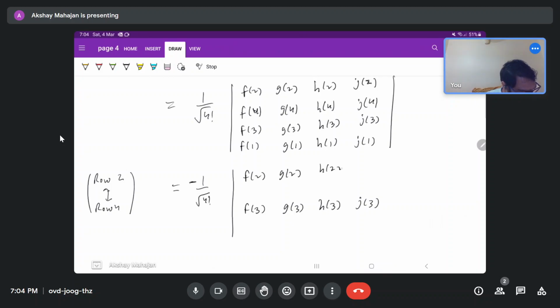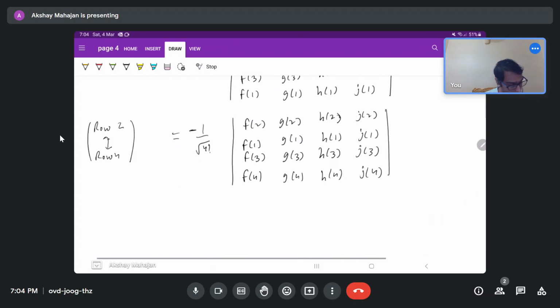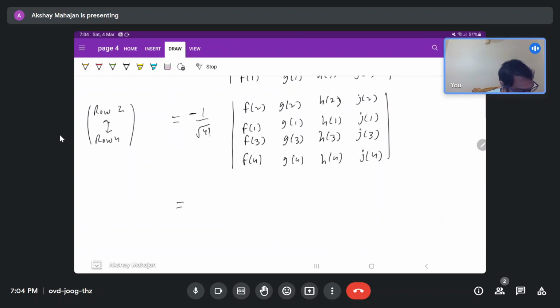G2, H2, G2, and in rows 2 and 4, now I will have F1, G1, H1 and J1, and F4, G4, H4 and J4. So I got a minus sign, and now I just have to interchange row 1 and row 2. Again that will bring a minus sign, so I will get plus here.